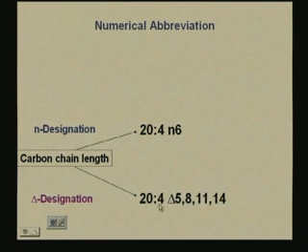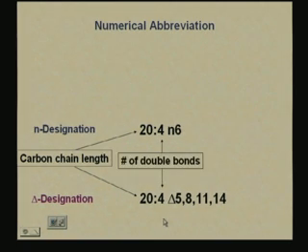After the colon, you see another number. So, this 20 means that the carbon chain length is 20. The number after the colon designates the number of double bonds present. So, in this case, we have a carbon chain length of 20 and the number of double bonds is 4, and now you can tell me that this is actually the position of the double bonds.